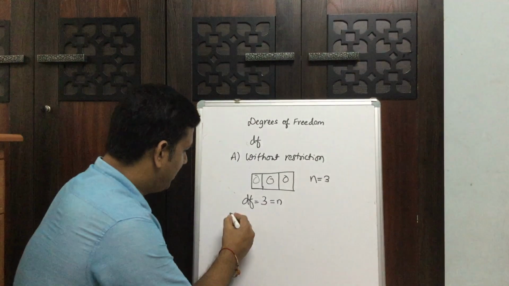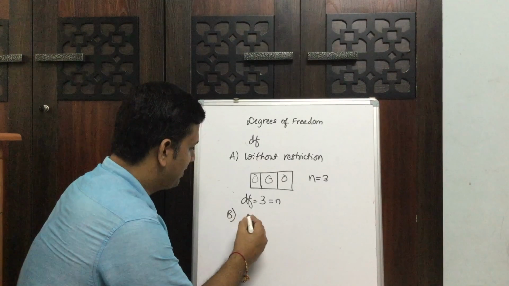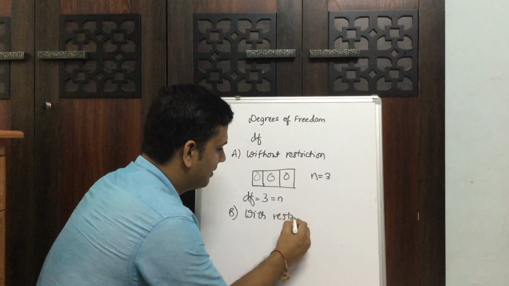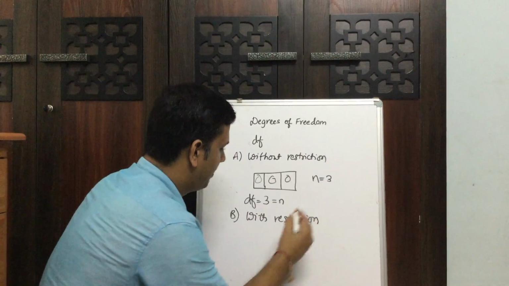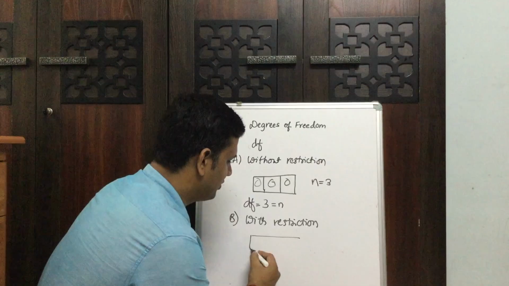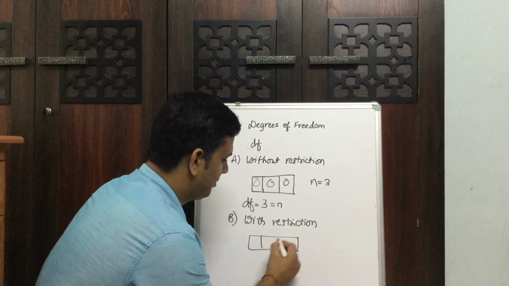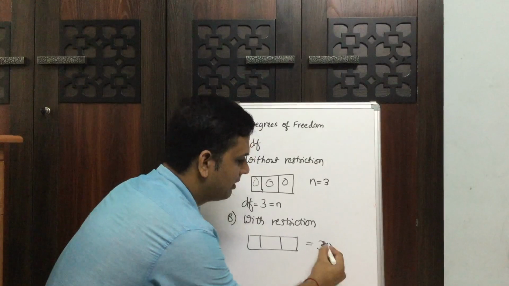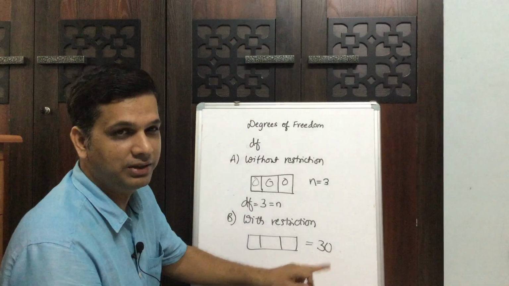Now let us understand the same example with restriction. Suppose I give you the same 3 boxes, but this time I ask you the sum should be 30. So there is one restriction here.